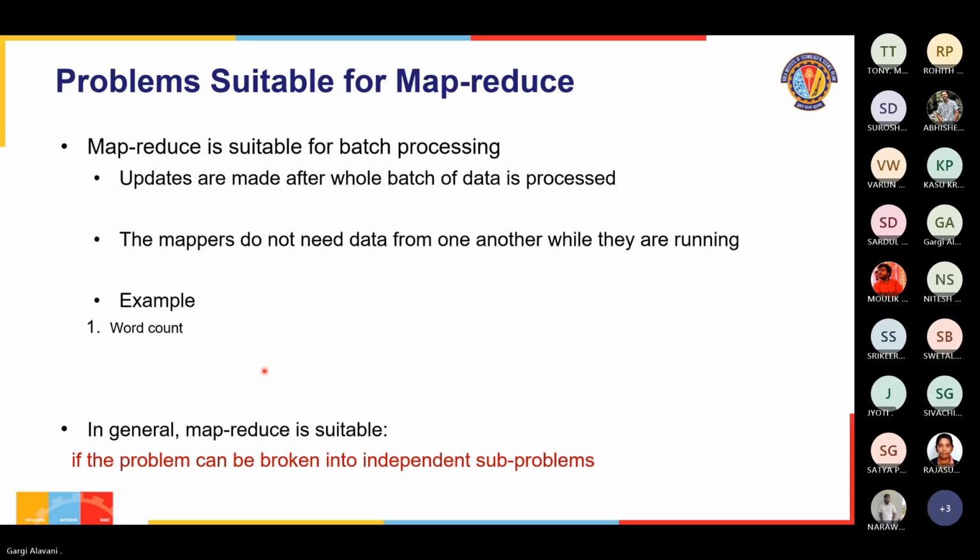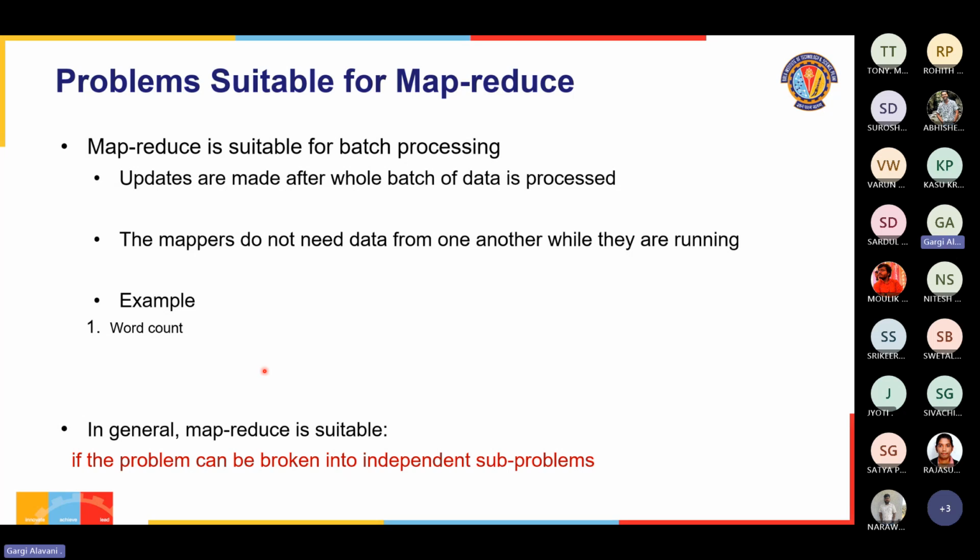So, which are the problems which are suitable for MapReduce? MapReduce is suitable for batch processing, where you have data which can be divided into chunks and can be updated together, like a whole batch of data can be processed together, because the mappers do not need data from one another as long as they are able to do whatever mapping needs to be done for their particular data set on their own.